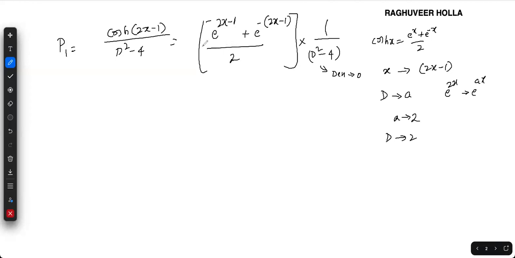For this case, let us see what happens. We'll separately do it.